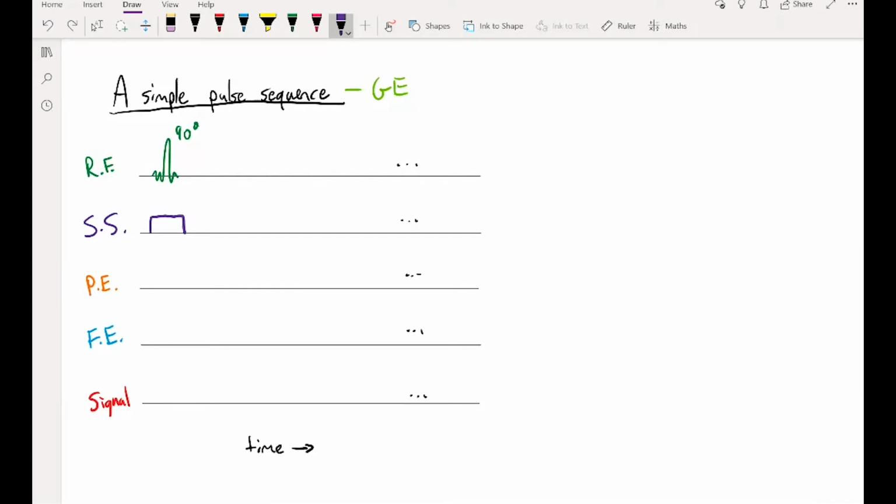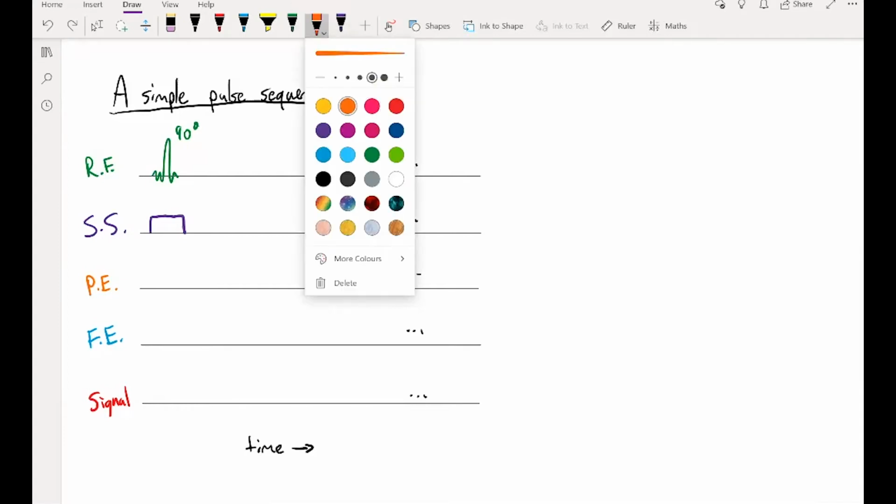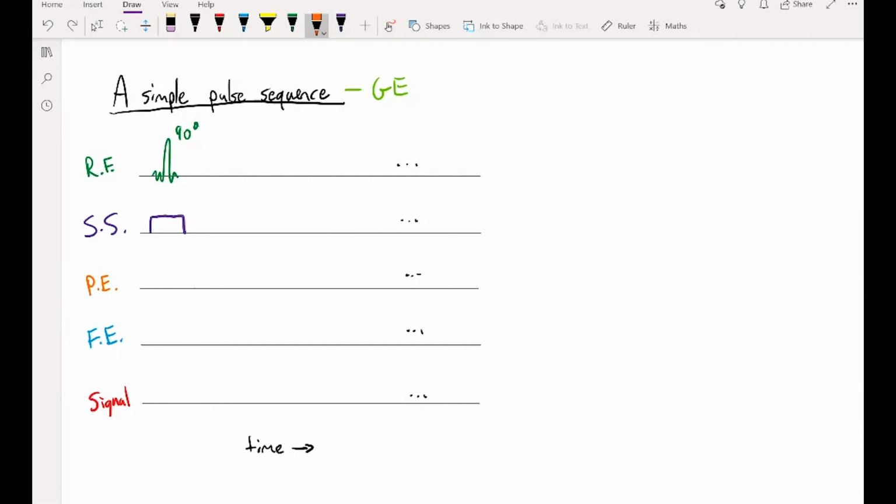Now, we're going to do our phase encoding gradient first. So I will just draw that out here in our orange. And it'll be just a positive gradient here. This essentially is saying that we've got a positive gradient with some magnitude, right?